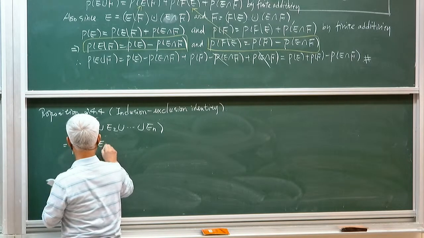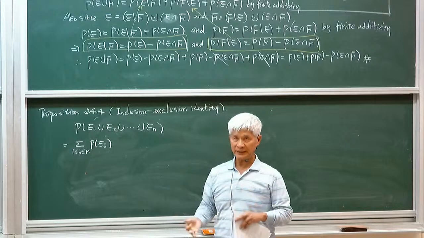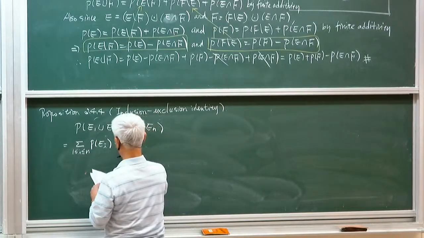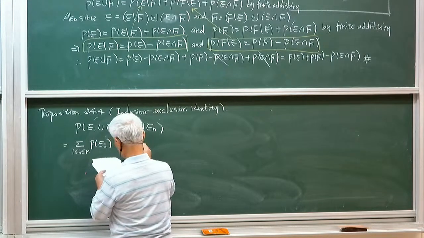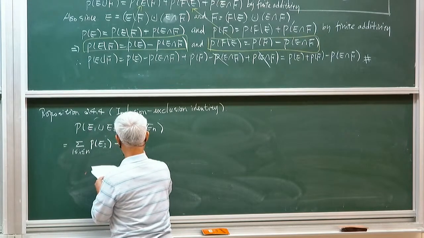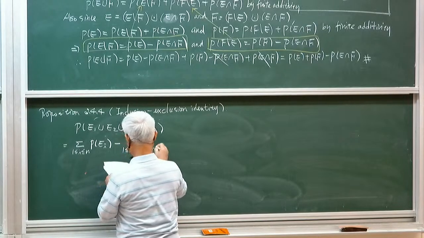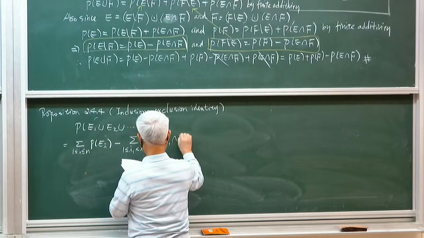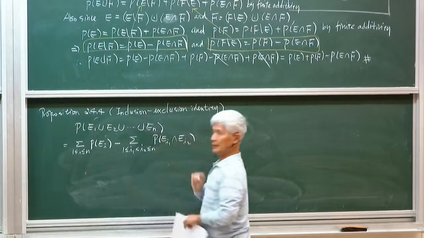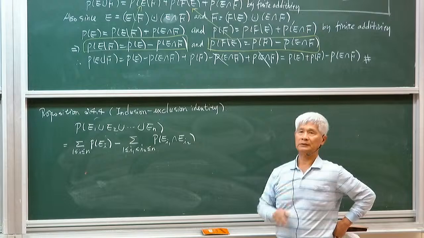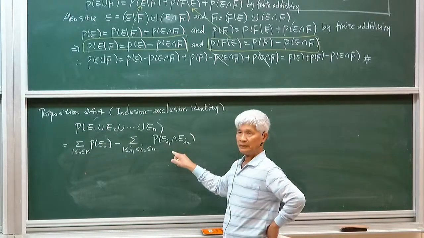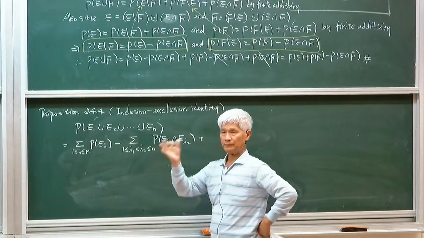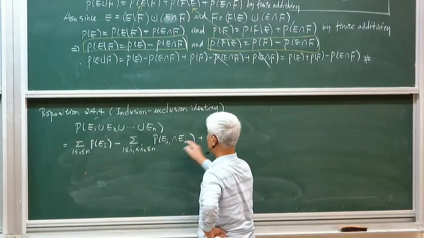So you sum over all probabilities of the events, but it's too much, right? So you have to subtract their intersections. But then the subtraction is too much, so you have to add back the intersection of three of them.